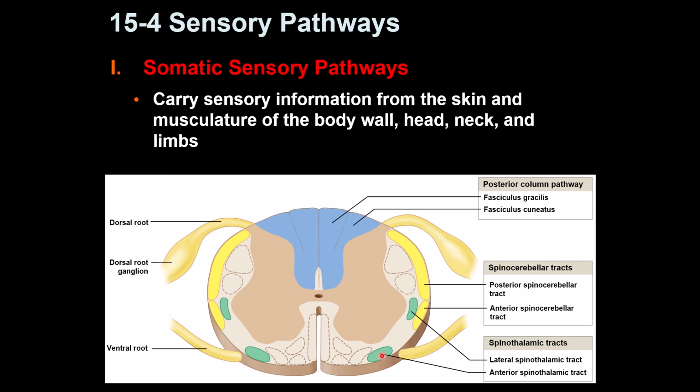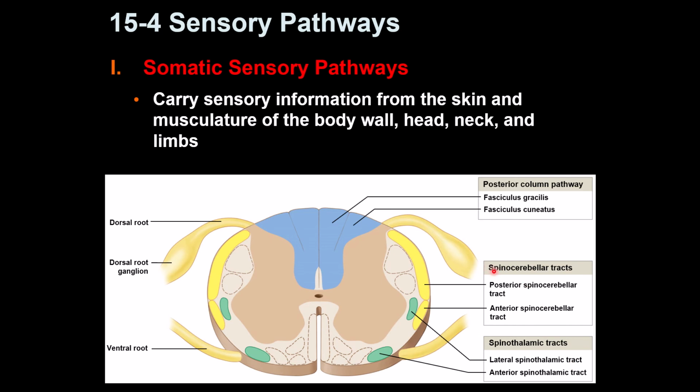This is called the spinothalamic. If you remember the naming, spino, starting from the spine, it goes to the thalamus, so it means it's sensory. So there are two of them. One is in the anterior white column, the other one is in the lateral white column, and that's why it's called the lateral spinothalamic tract.